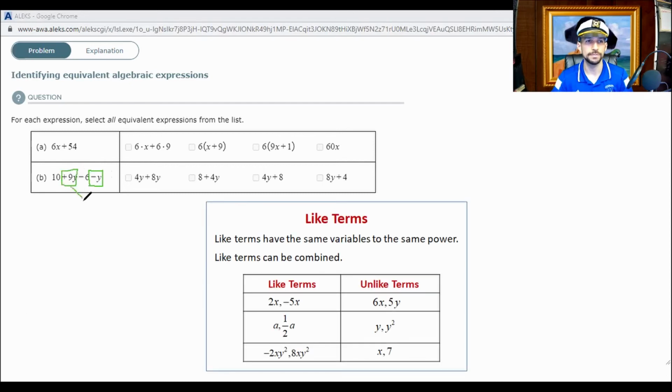Those can combine to be 9y minus 1y is 8y. And then in blue, I'm going to circle my constants. 10 minus 6 can combine to be a positive 4. And my 8y was positive, so that needs that sign there since we are not combining those terms. They're not like.